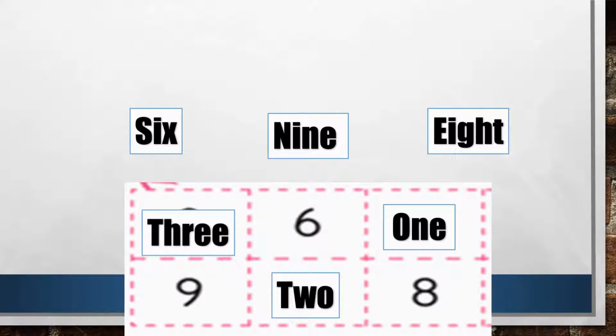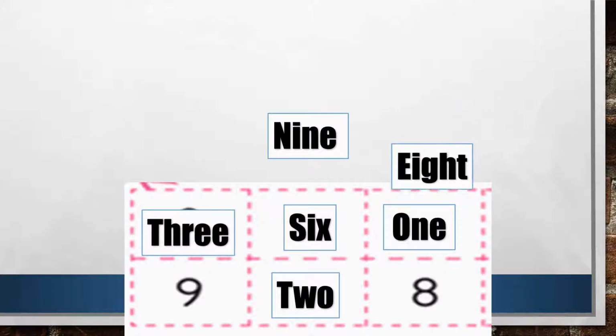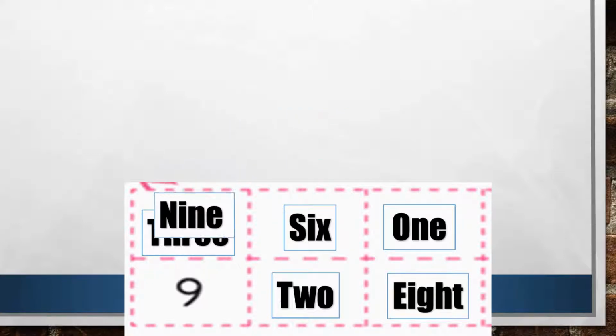SIX 6 goes to the block of 6 digit. EIGHT 8 goes to the block of 8 digit. NINE 9 goes to the block of 9 digit.